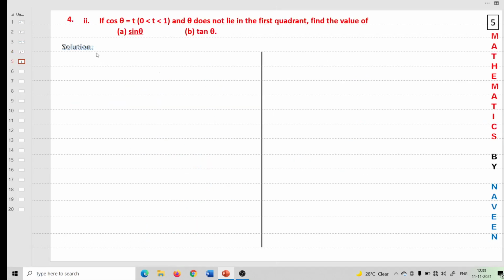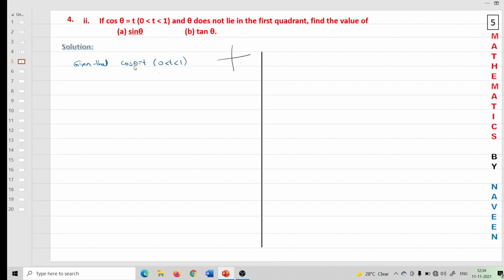So cot theta value is minus 2 root 2. Right? Next problem. If cos theta is equal to t and theta does not lie in the first quadrant, find the value of sin theta and tan theta. Given that cos theta is equal to t, and this t lies between 0 and 1.